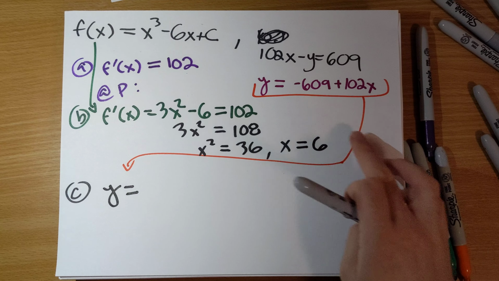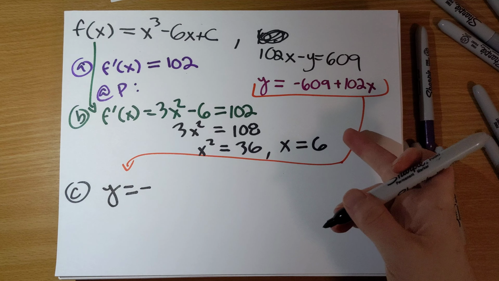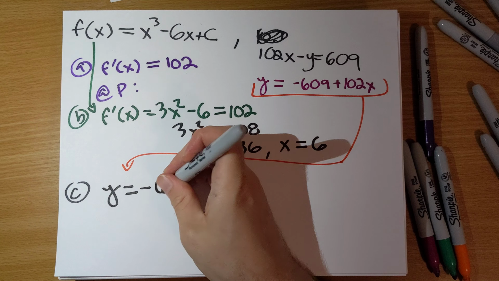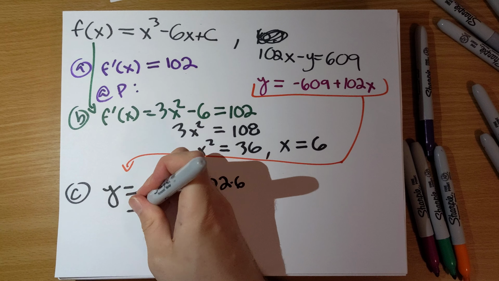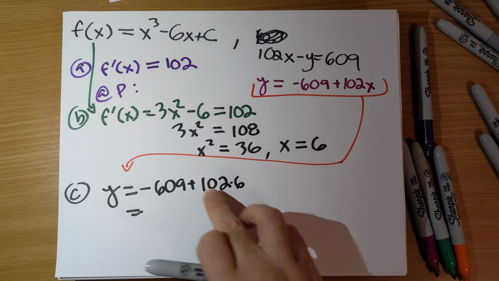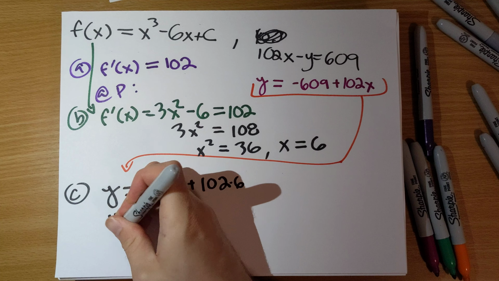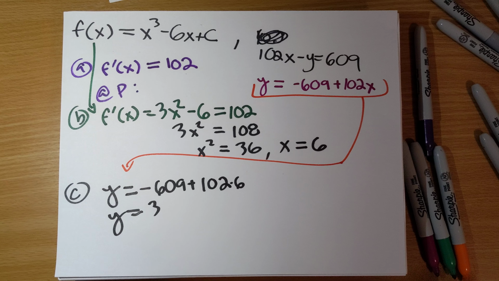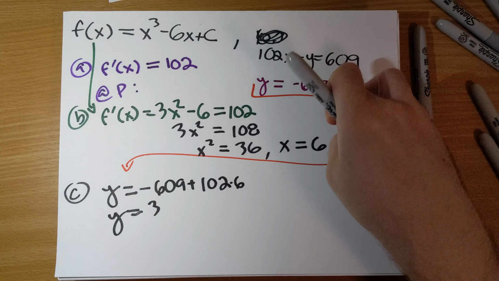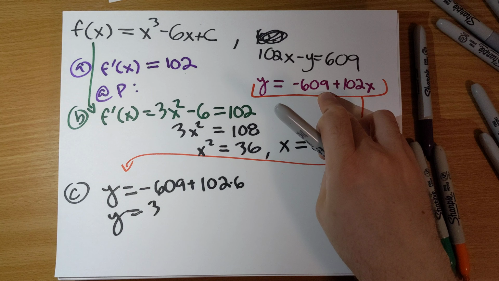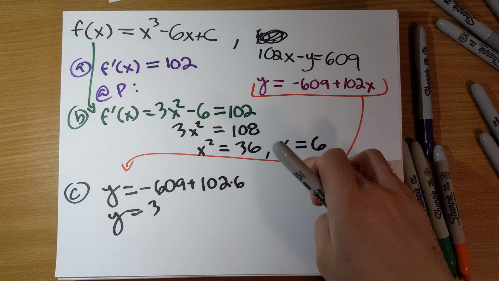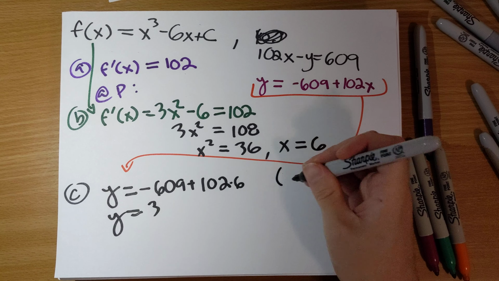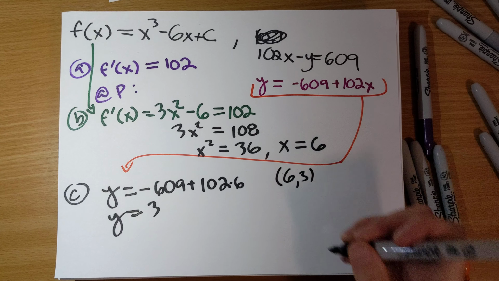Let's plug in when x is equal to 6: negative 609 plus 102 times 6. This is 612 minus 609, y is equal to 3. Because this tangent line has the same y coordinate as the curve at the point, so what's our point here? 6, 3.